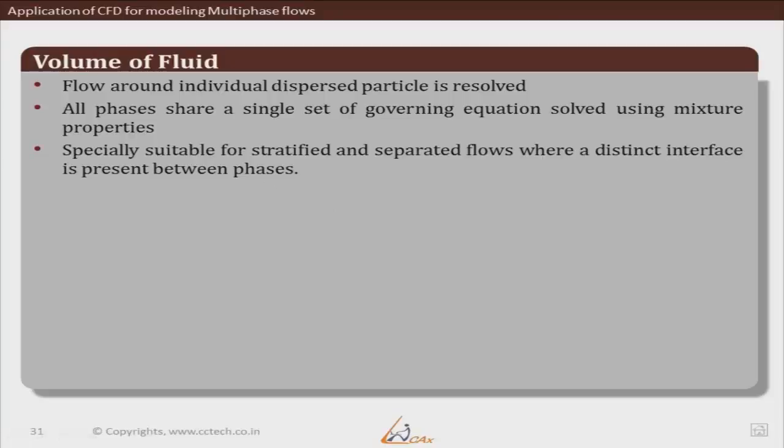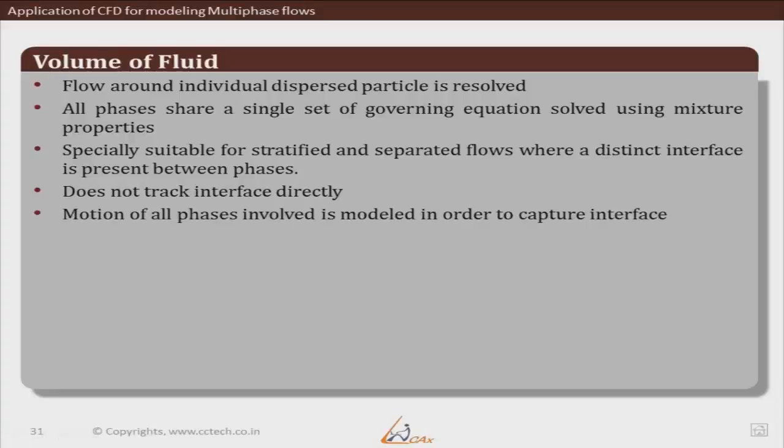It is suitable for stratified and separated flows where there is a distinct interface between two or more phases. Since we are solving a single set of governing equations for multiple phases, this does not track the interface directly, so we have to come up with some special treatment for capturing the interface.